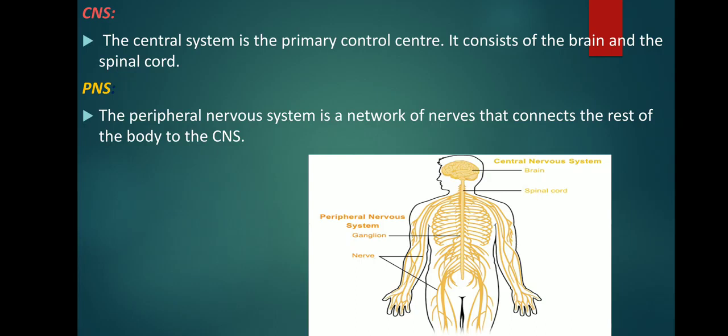Sometimes sensory neurons carry message to the brain. Other times, like when you accidentally touch a hot burner on the stove, they only get as far as the spinal cord before producing a natural reflex.